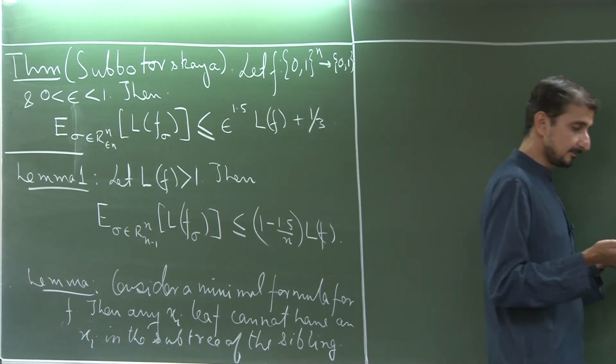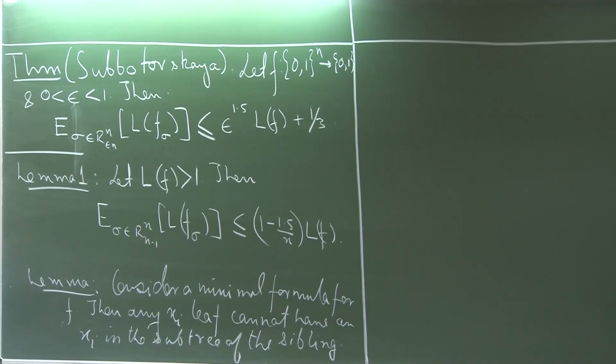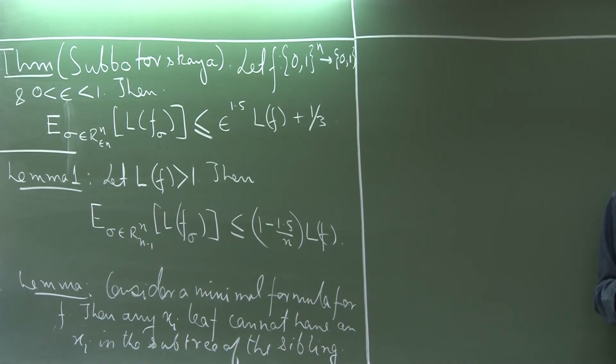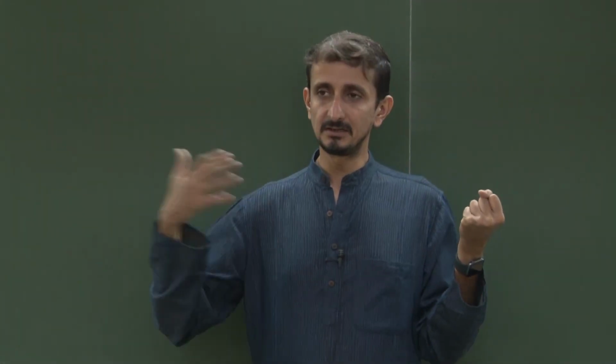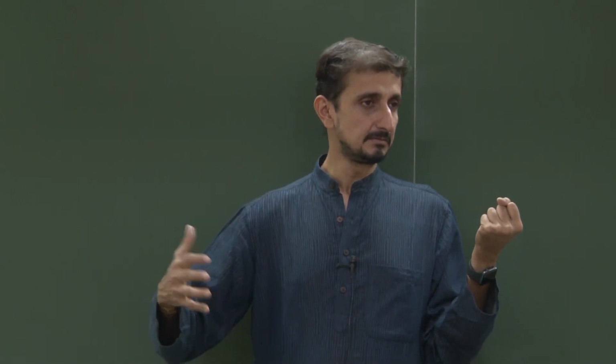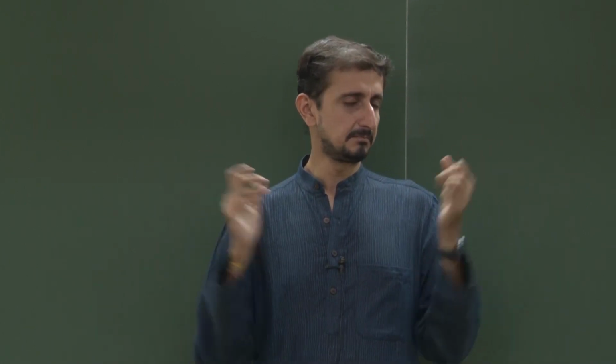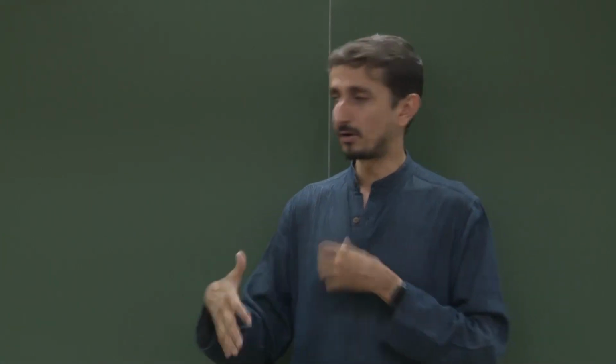And over the De Morgan basis, what we can argue is that, let us say I have an AND gate, and one sibling of the AND gate takes the value 0, then irrespective of what the other subtree looks like, the function evaluates to 0. For an OR gate it is 1.